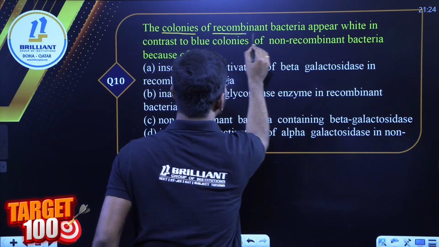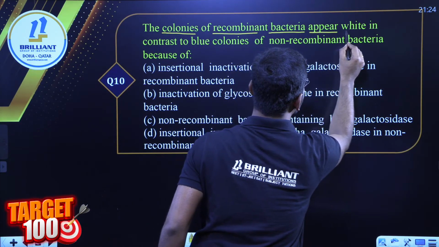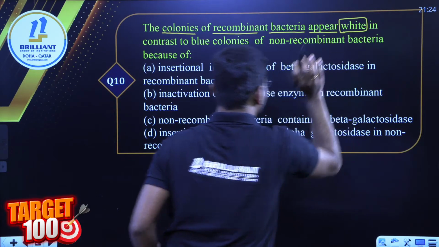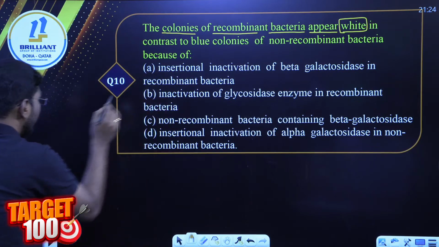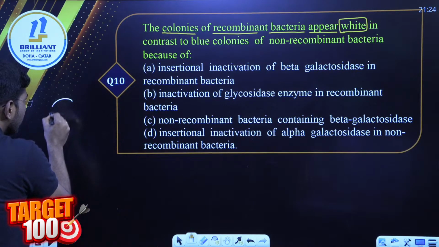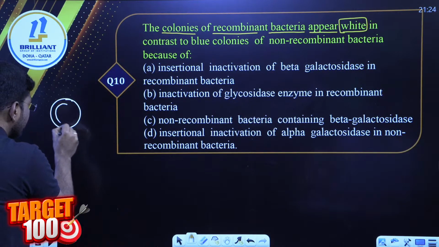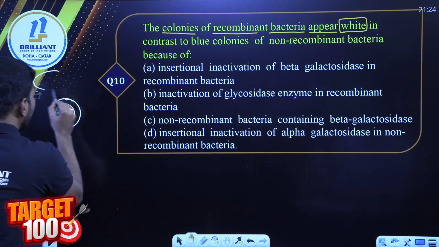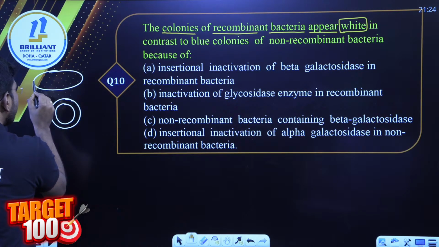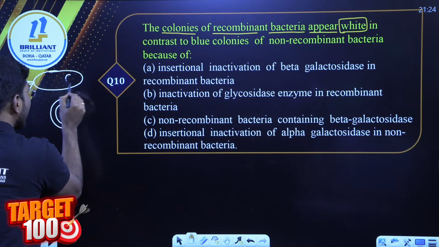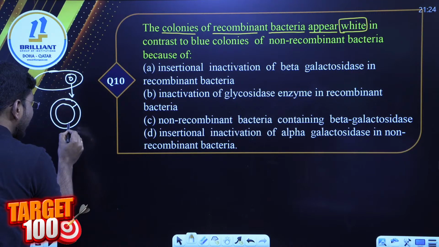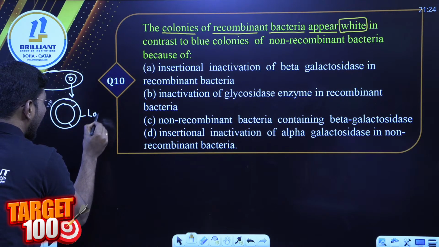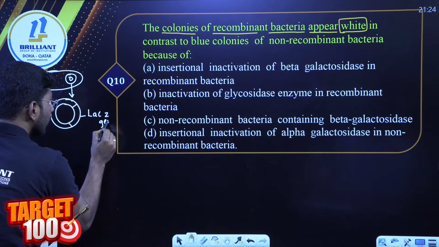Colonies of recombinant bacteria appear white color. Wait here. Let me do this one. Here, what I'm doing: this is a plasmid. I separated it from bacteria. This is a bacterium. From this bacterium I separated the plasmid. The plasmid has the lacZ gene.